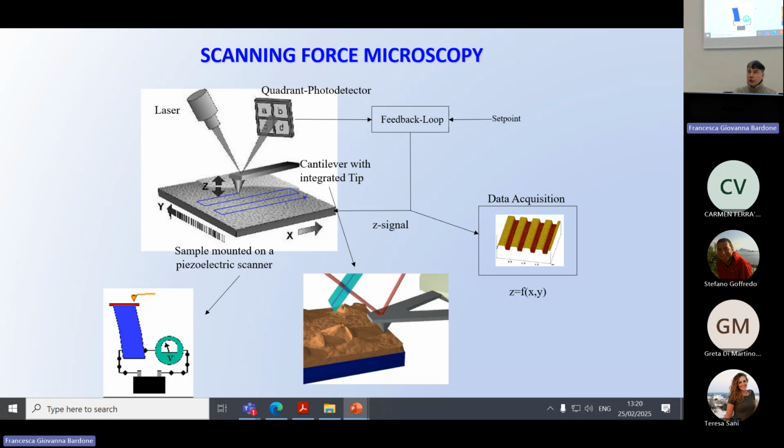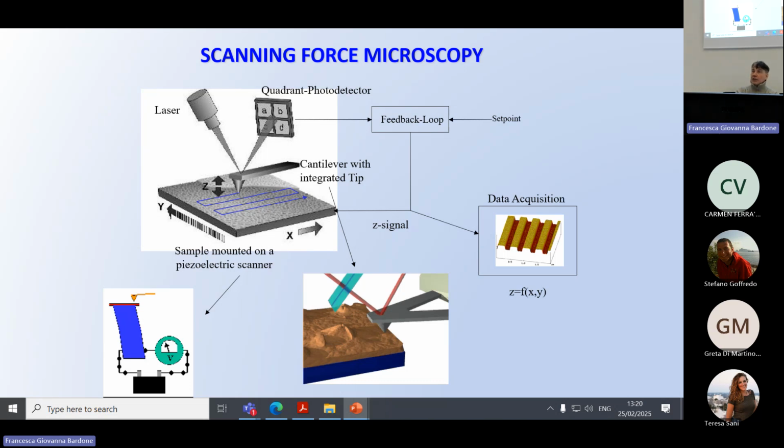You can measure a lot of other physical quantities in ambient conditions, in atmosphere, and also in a liquid cell. These methods work perfectly in liquid inside a Petri dish.